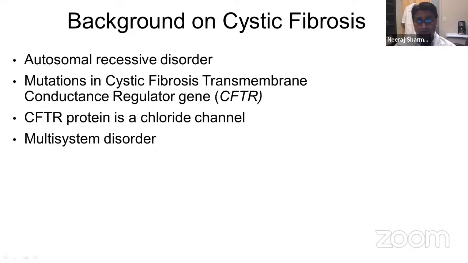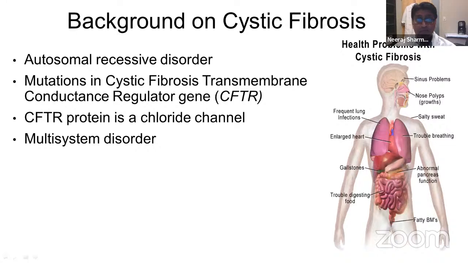The CFTR protein is otherwise a chloride channel, but when it gets dysfunctional, it results in a multi-system disorder. As seen in this image, it is not only one organ like the lung; it also affects the pancreas, liver, reproductive organs, sweat gland, the upper respiratory tract, and even the intestine.